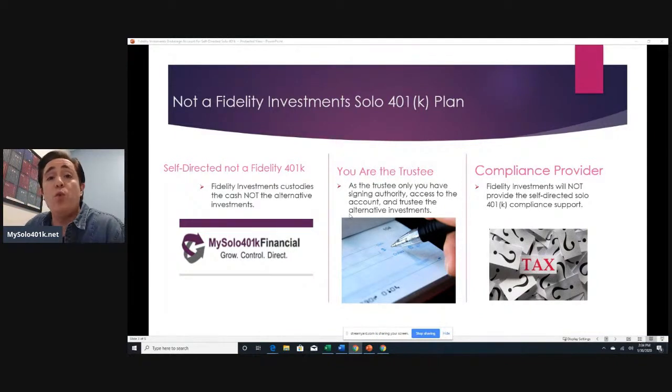Likewise, if you want to take a loan on that account, you're not going to go to Fidelity. You would come to the plan provider, like our clients come to us. We prepare the loan documents. Fidelity is there if you have questions about how to access the account online, or about investing in a mutual fund. They would be able to field those types of questions.